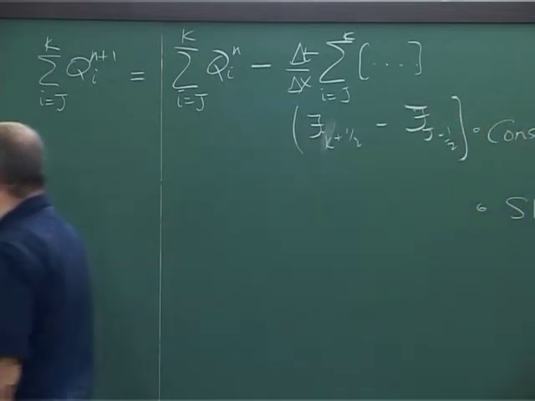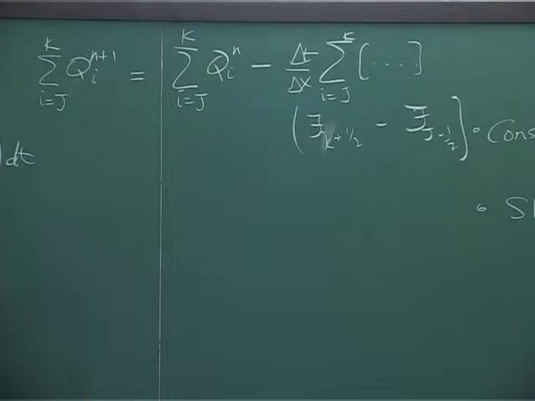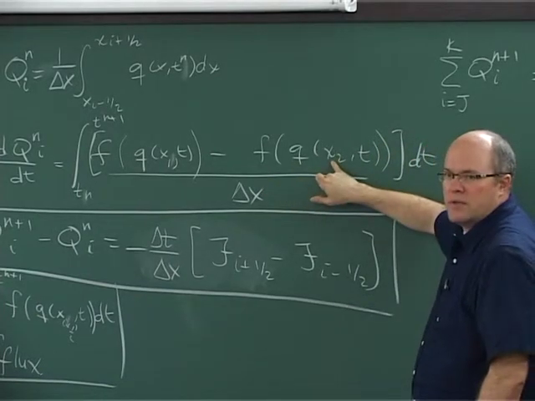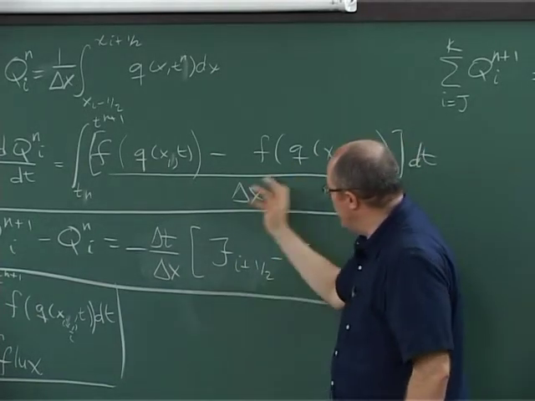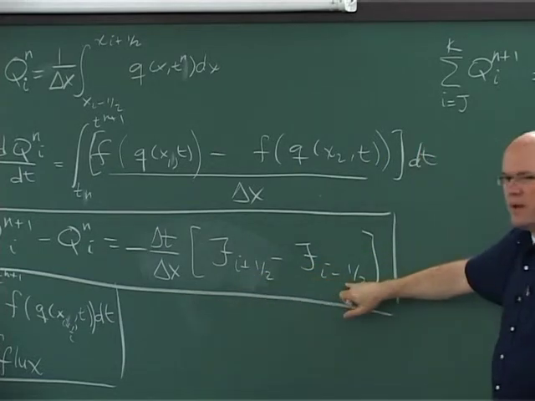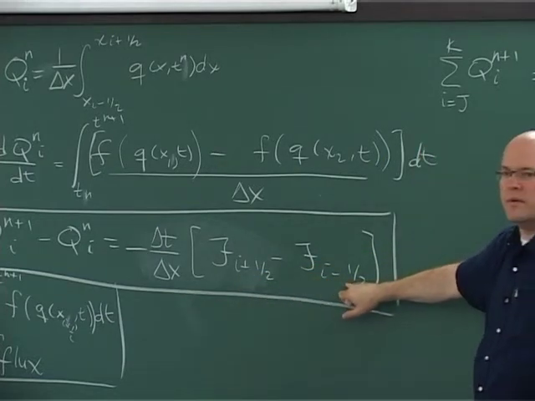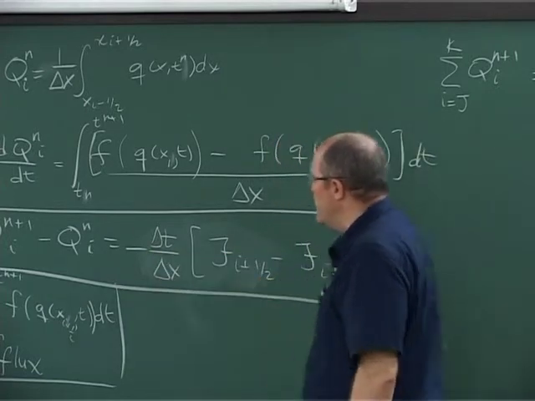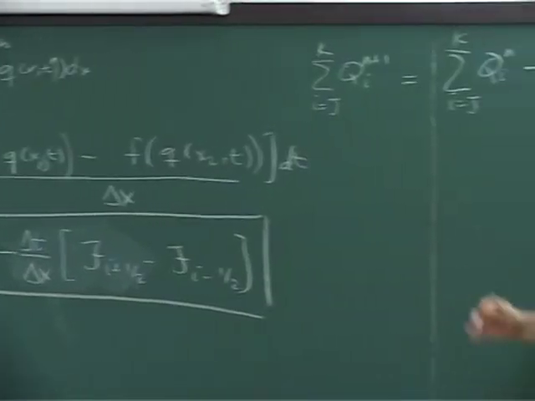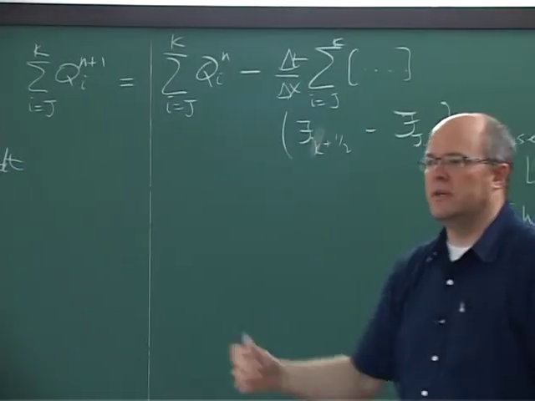The reason it's a minus sign: see here this is x1, the point to the left, and this is the point to the right, x2. But here I changed the order on you, and i plus 1 is to the right and i minus a half is to the left. So I forgot to put the minus sign right there. Okay, so it really is true that if I integrate over my grid, I have conservation.